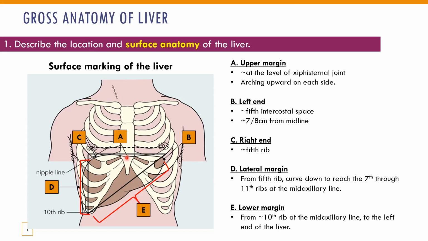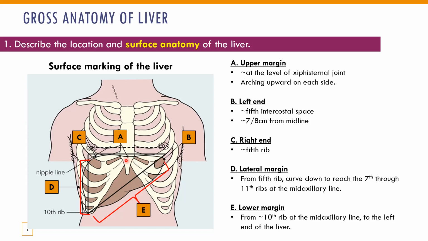From this point, it arches upwards on each side. To the left, the left end of the liver is up until the fifth intercostal space, which is approximately 7 to 8 centimeters from the midline.